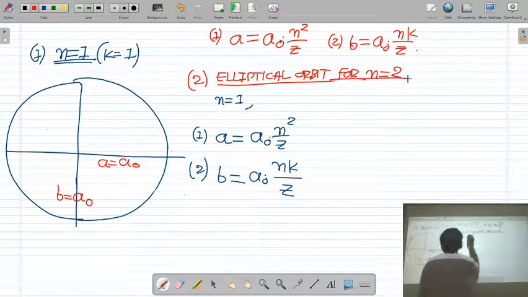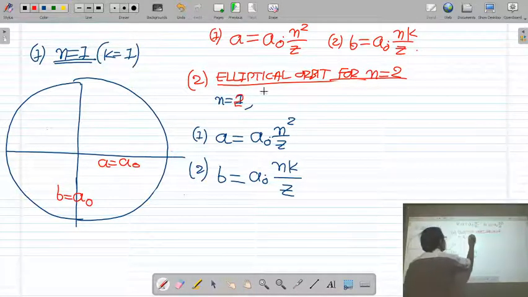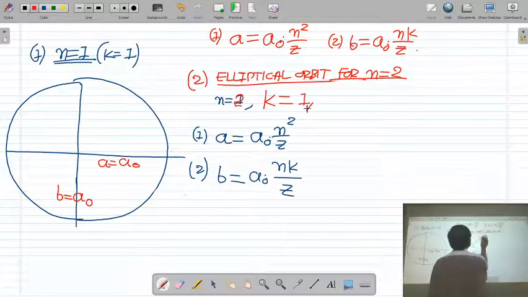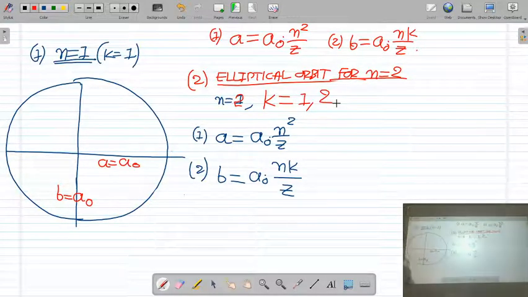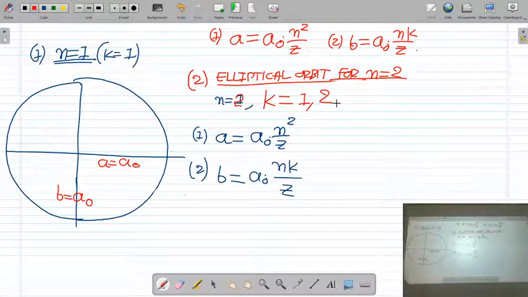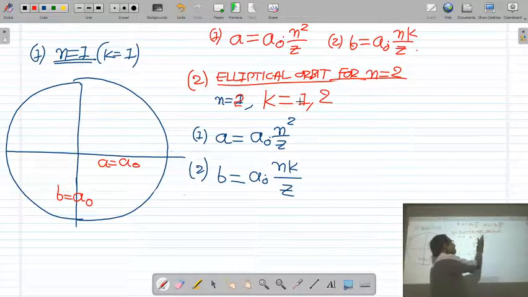Now you know very well that for n equal to 2, K has two values, that is 1 and 2. So now let us determine the elliptical orbit for n equal to 2, where the azimuthal quantum number k has two values.